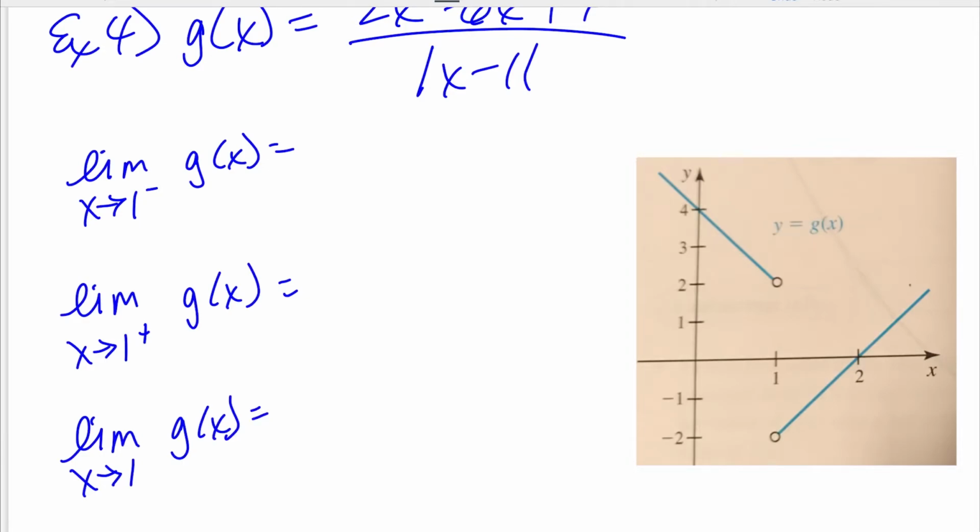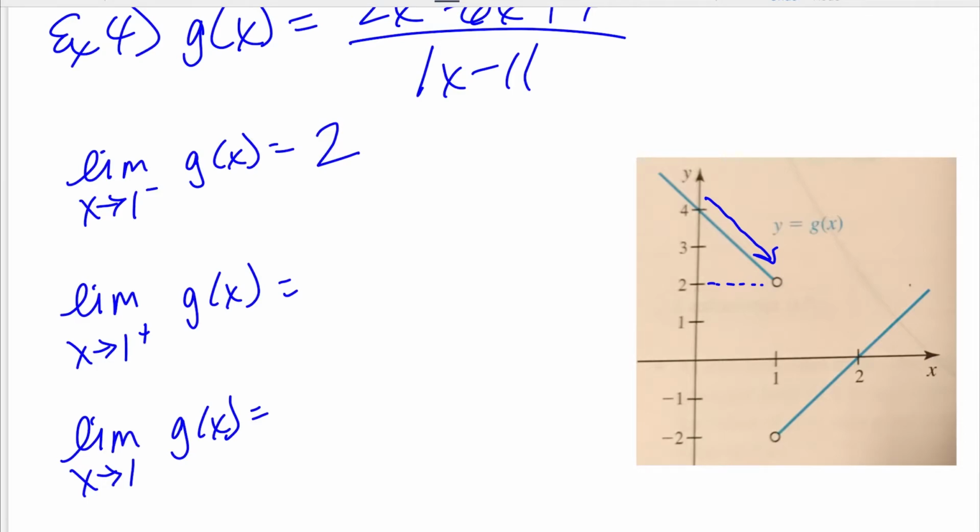Do you see what just happened here? If I'm approaching from the left and I'm coming up to 1, what is that value? 2.